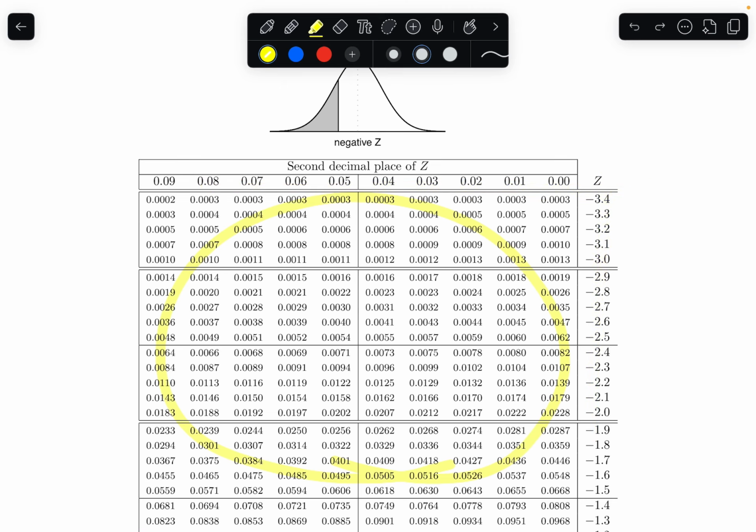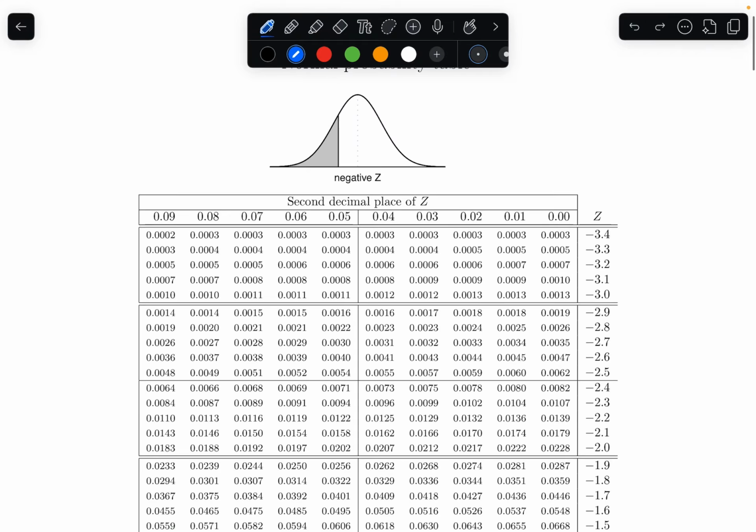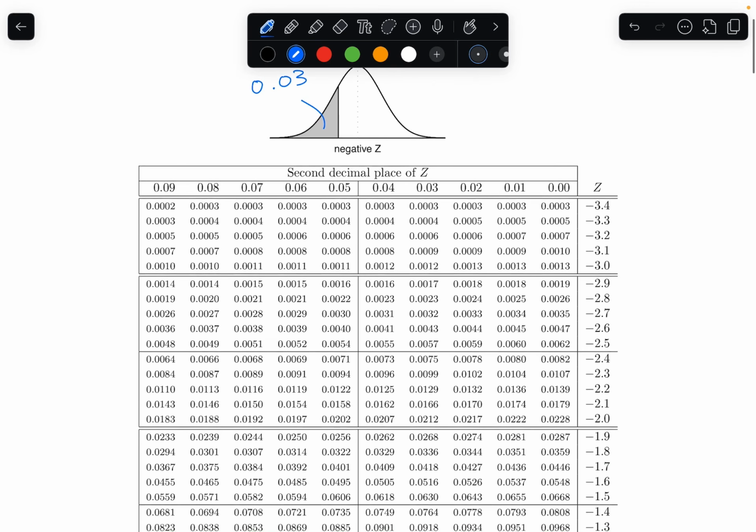So we are going to have to wade through this mess of numbers right here. Now, the picture that I drew was extremely helpful because it said, hey, I want the area to the left to be 0.03 or 3%. So what I need to do is look through this big mess of numbers here in the middle, and I want to find the number as close as I can to 0.03.